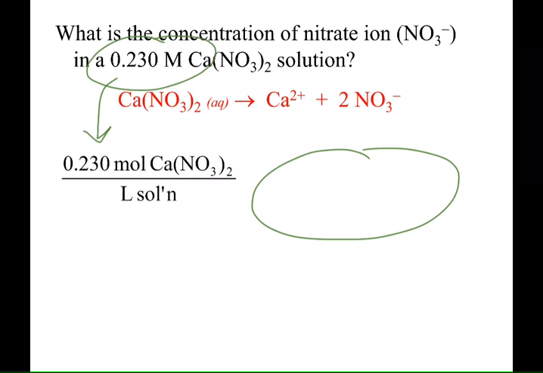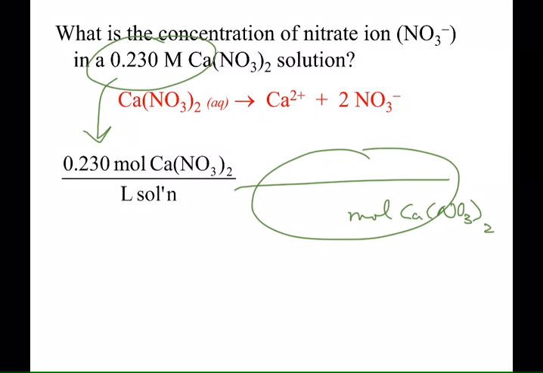So now here I'm going to put a ratio, and I want moles of Ca(NO3)2 to cancel, and I want to be left with moles of NO3 minus 1 here.